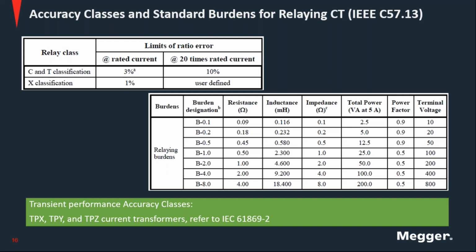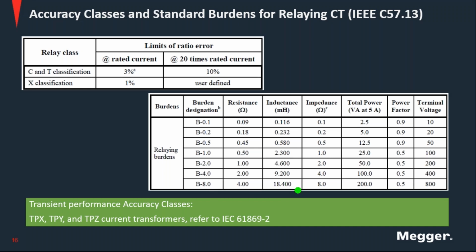All that I've been showing is for current transformers for metering purposes. And now this shows the classification for protection purposes, for relaying purposes. Here the classification starts with a T or a C, and it will have a number next to it, like 400, 800, 200, and that is basically relating to the burden that it can handle.